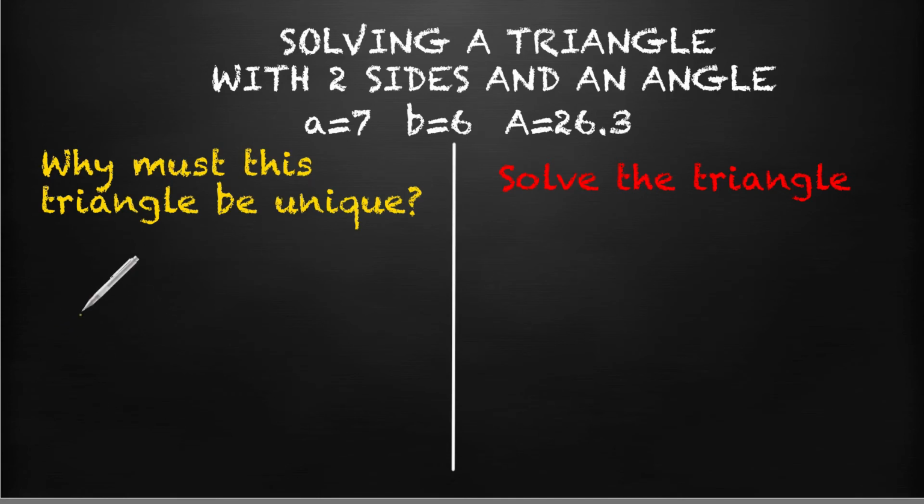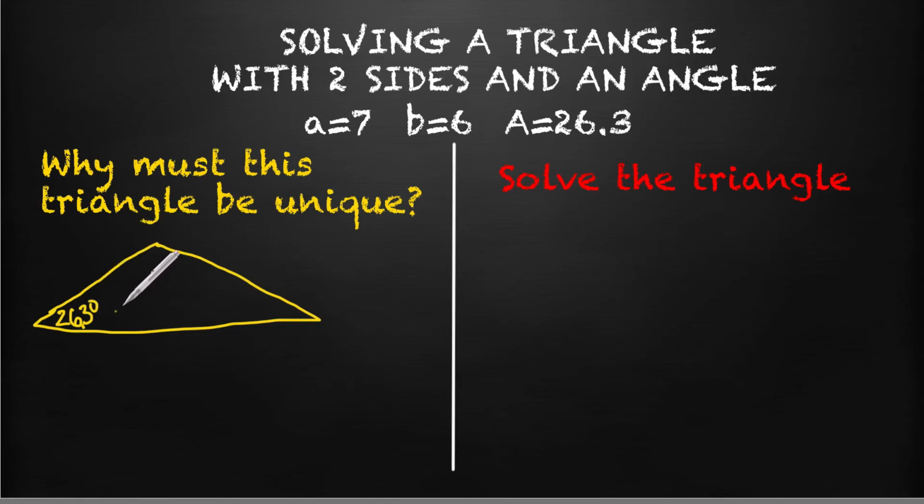So we are going to draw this triangle, and once again, we are going to put the angle that they gave us in the lower left-hand corner. So that's going to be 26.3 there. Across from angle A will be little a, which is 7. And then we will put angle B here, and across from angle B will be 6.